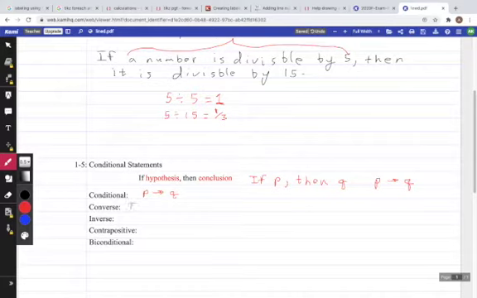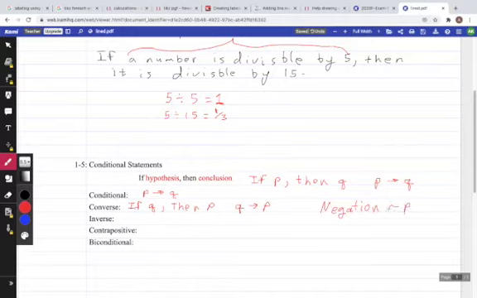Converse is if our conclusion, then our hypothesis, or Q implies P. Inverse is actually where we have to introduce a new term, and that term is a negation, which is denoted like this.